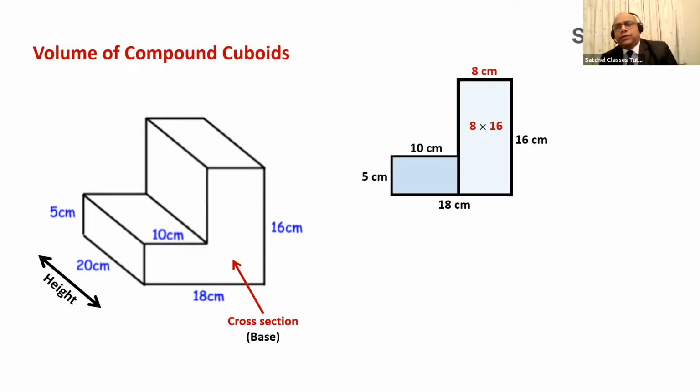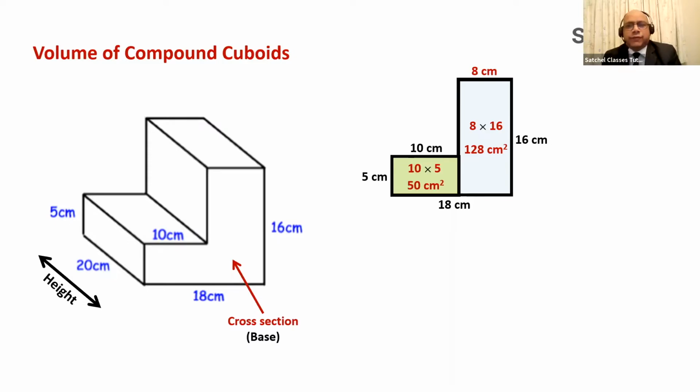Whereas for the one on the right, the length is 16 centimeters and the width is 8 centimeters. So the area of that rectangle is 128 centimeters squared. The other one, as I said earlier, is 10 centimeters times 5 centimeters.